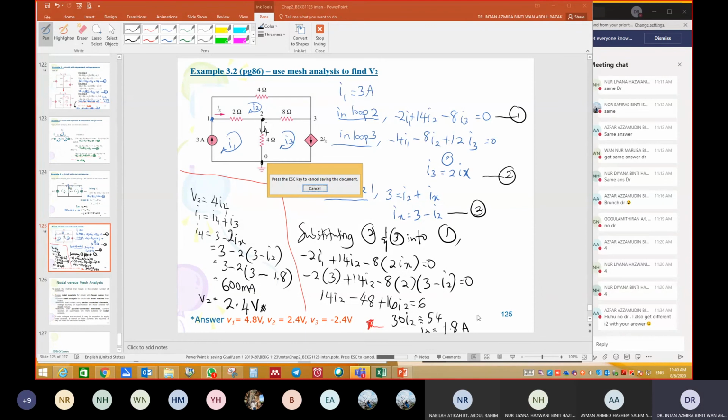Okay, class? Any question regarding this example? Use mesh analysis to find V2. Let's say we want to find V2. So by using the same method, you can find V3. V3 is here. So V3 is equal to what?